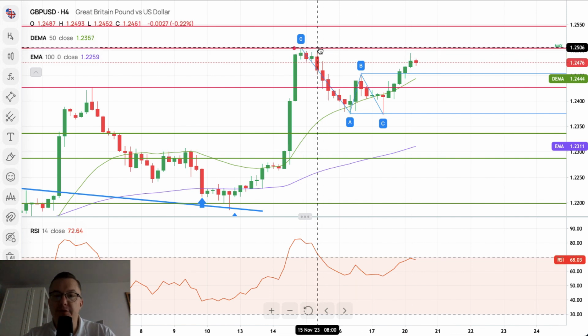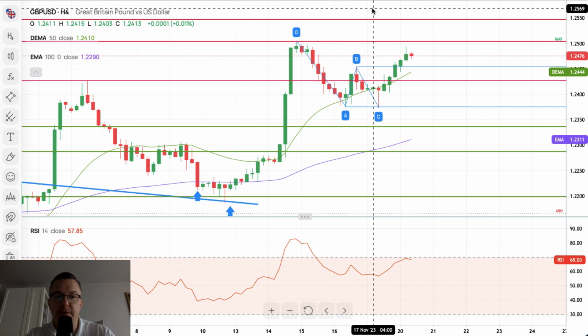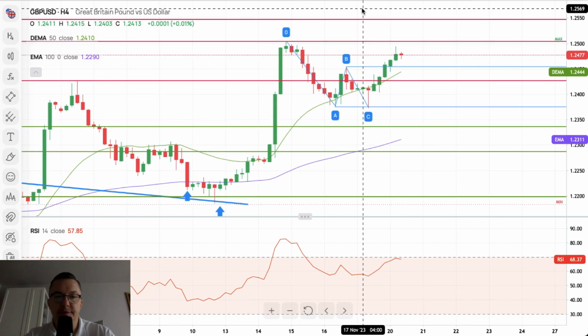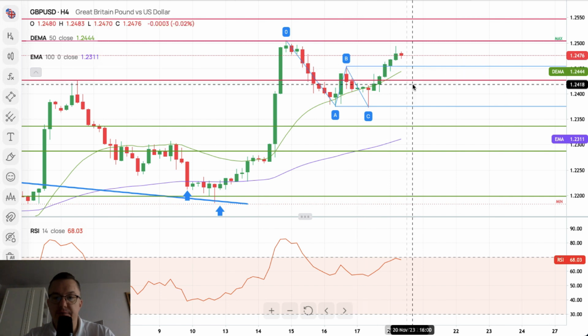Please notice that just above this level there is still another technical resistance, 1.2548, so this is a very nice zone here. Of course, this is the supply zone between these two levels. So that's the intraday technical support.